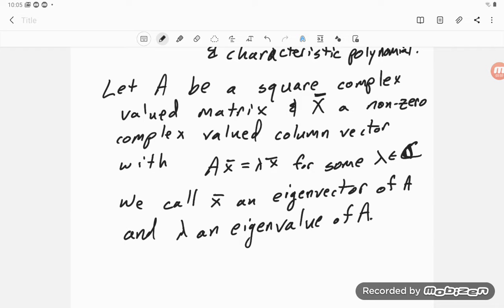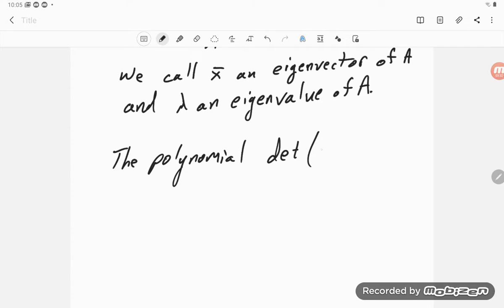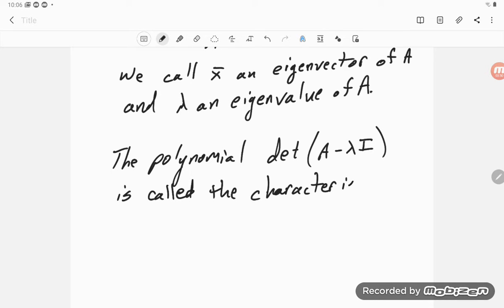And then in order to find them, remember that what we're looking for is a singular matrix A minus lambda I. So the polynomial determinant of A minus lambda I is called the characteristic polynomial of A, I guess.